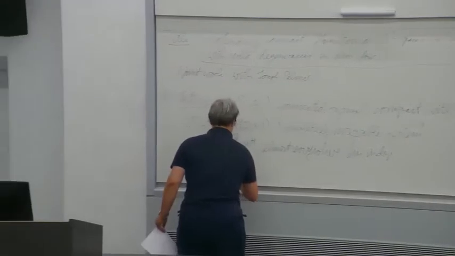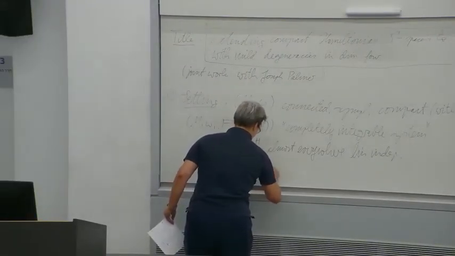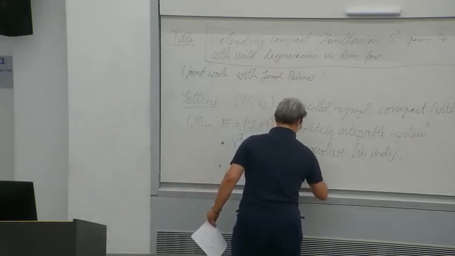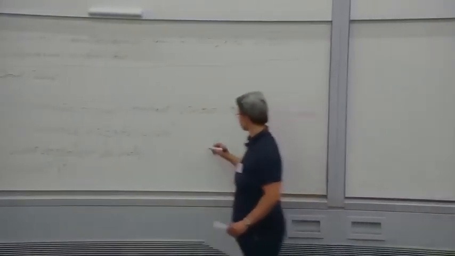And of course, the functions should Poisson commute. So I want that the Poisson bracket of J and H, which is given by the standard symplectic form of the Hamiltonian vector fields, vanishes. So, classical Liouville setting.